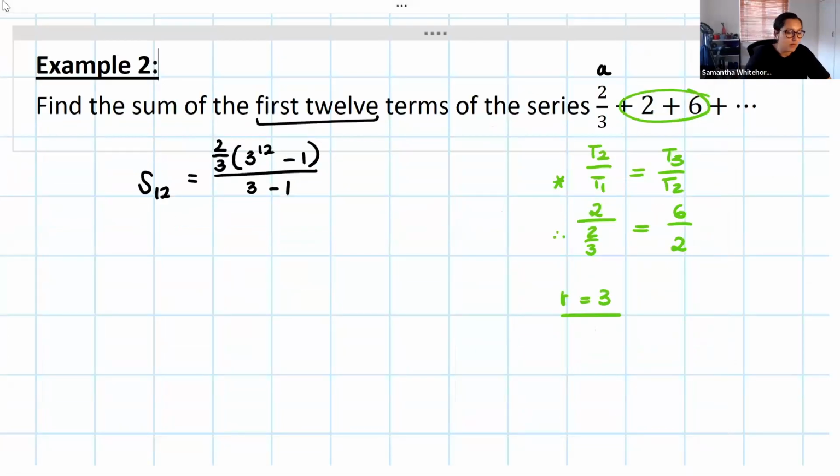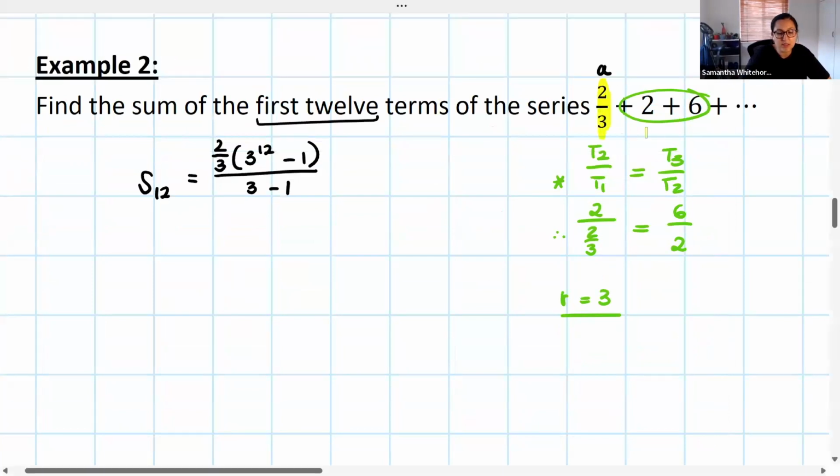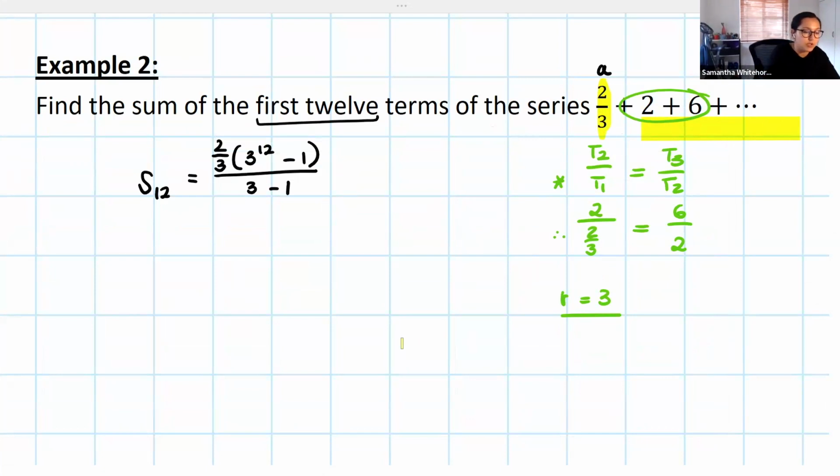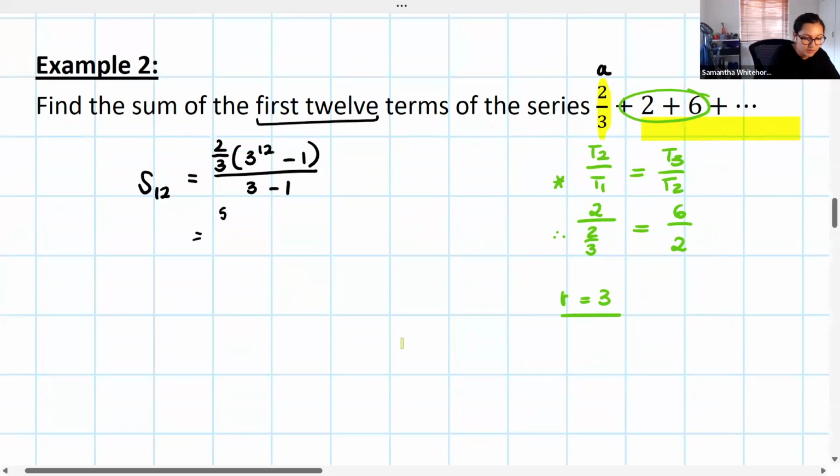In our original series that we had, our very first term was a fraction. So that does give us an indication that even though we're going to add a whole bunch of whole numbers, my answer should have a decimal to it, because of that 2 over 3. So when we sub that into our calculator, as we just saw, we get 531,440 over 3.